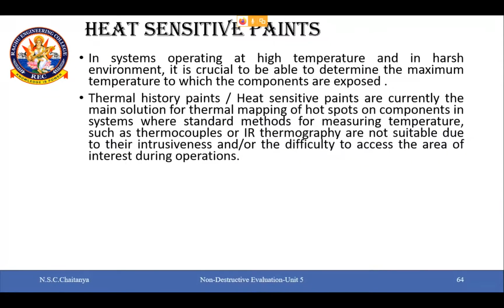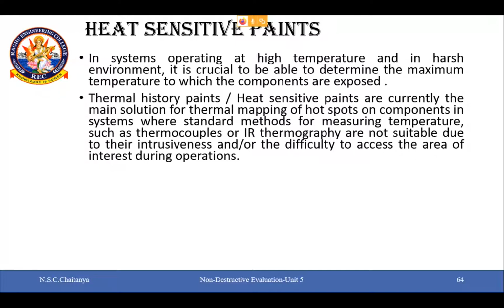Thermal history paints or heat sensitive paints are currently the main solution for thermal mapping of hotspots on components in systems where standard methods for measuring temperature, such as thermocouples or IR thermography, are not suitable due to their intrusiveness and/or the difficulty to access the area of interest during operations.